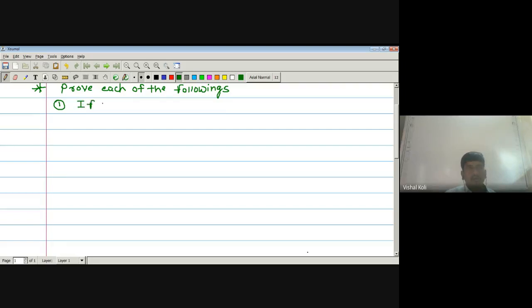if A is congruent to B modulo n and m divides n, then A is congruent to B modulo m.